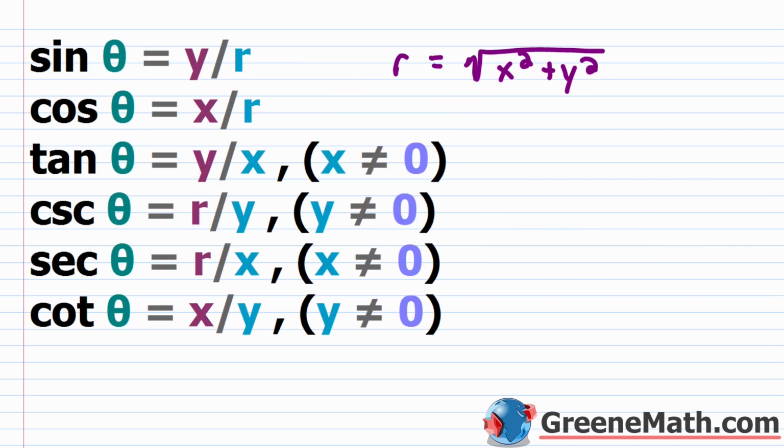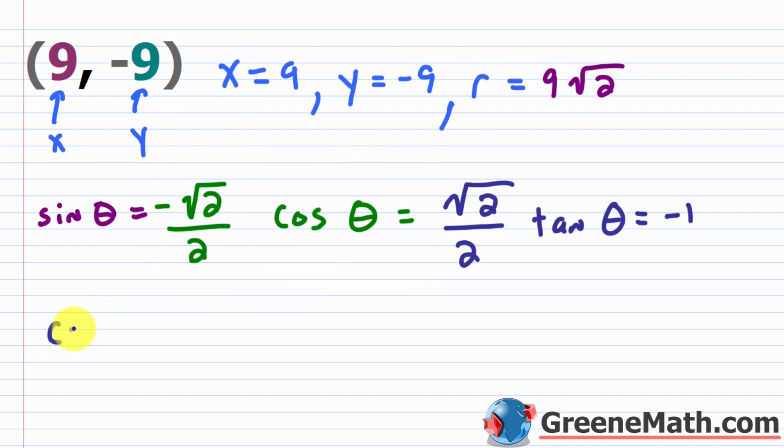All right, so next we have these guys that we can find by just flipping things. We know that the cosecant of theta can be found by flipping the sine of theta, because this is r over y, this is y over r. So all I want to do for the cosecant of theta is just flip this guy. So I would have 2 over the negative square root of 2.